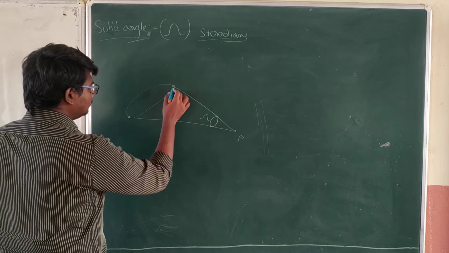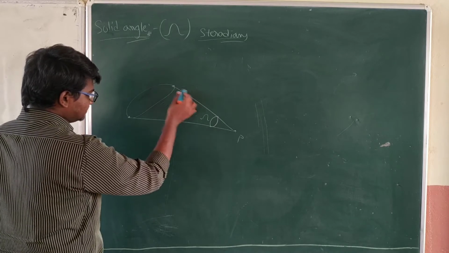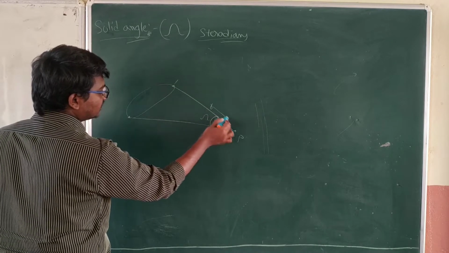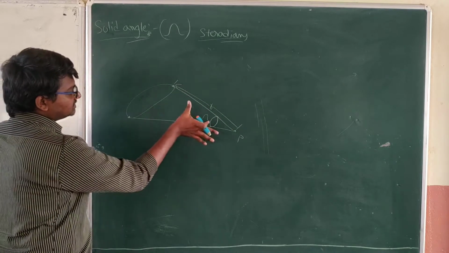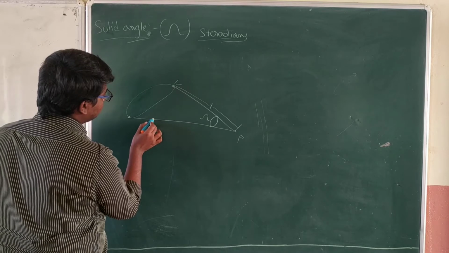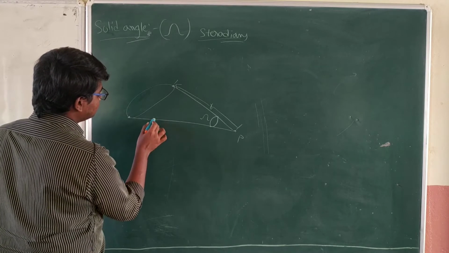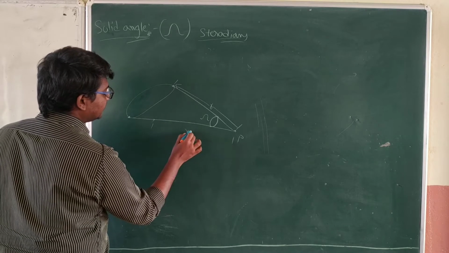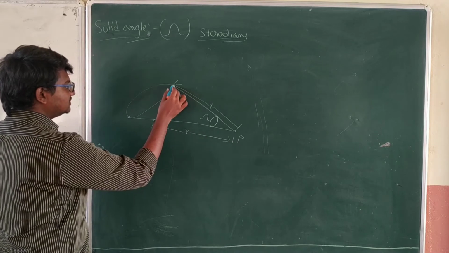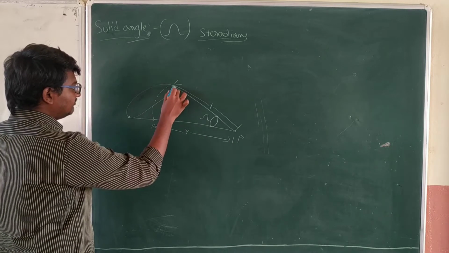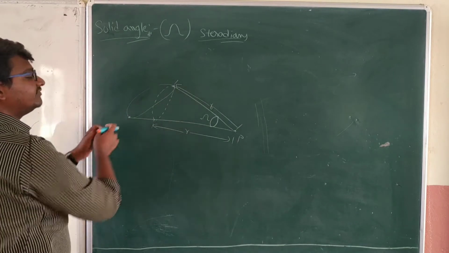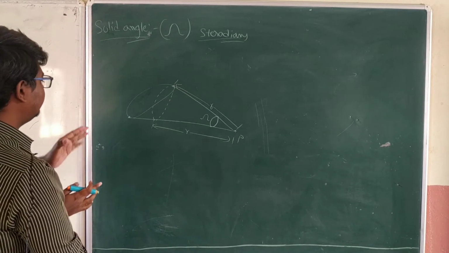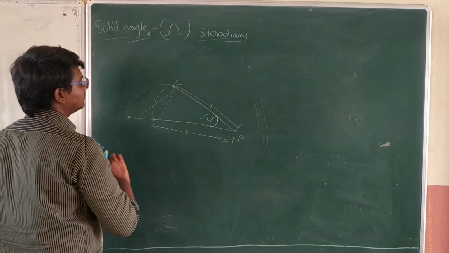We have to consider, for example, if this is a radius r, and the same length only we have to consider here also, like this. This is radius r. It means here we are going to divide one component of this one.